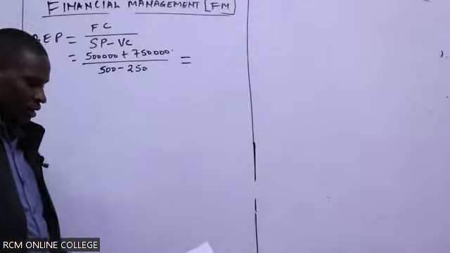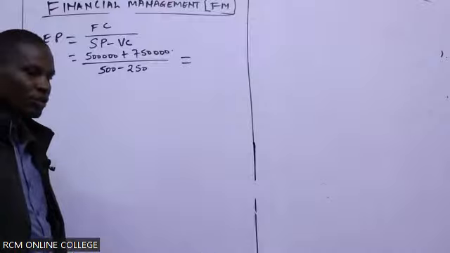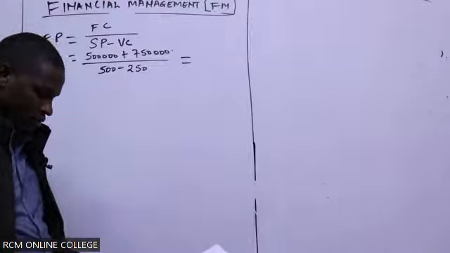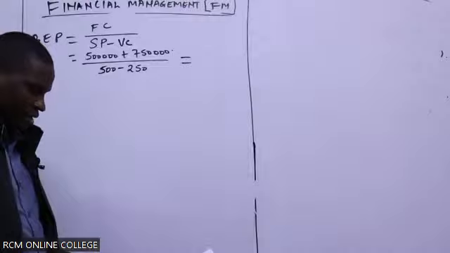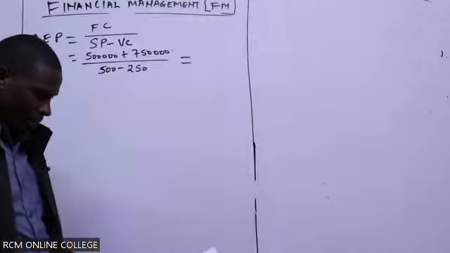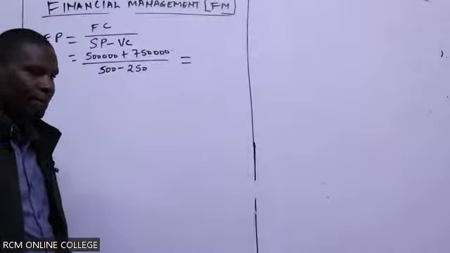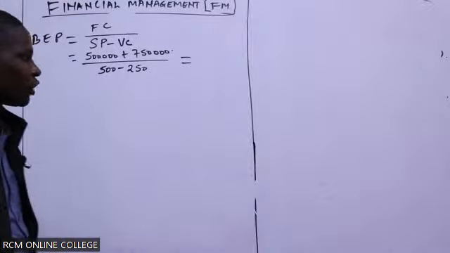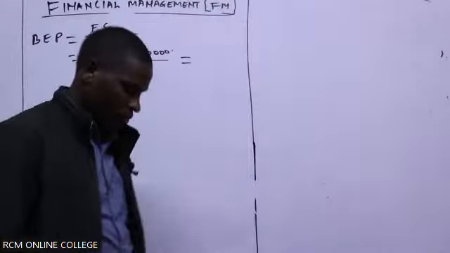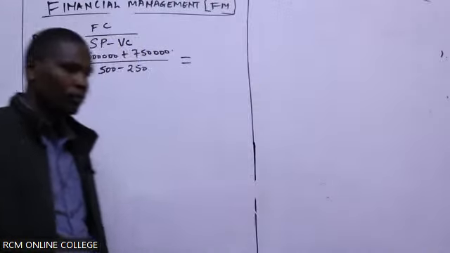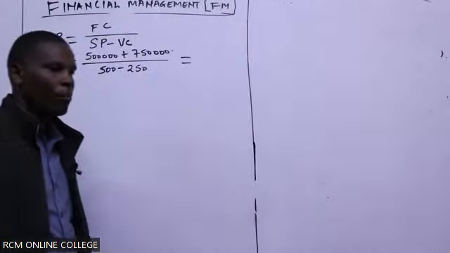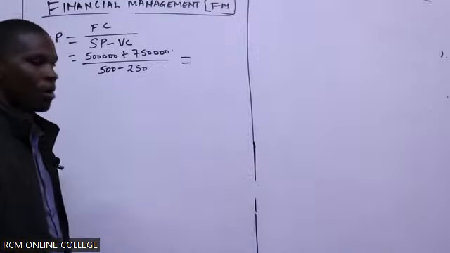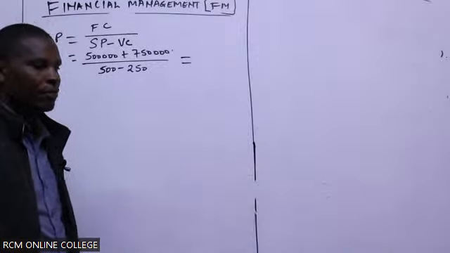Whatever that you get will be your break point. Break even quantity of sale in unit. Hiyo itakuwa ngapi? Patie hiyo. Tumalizane tuende kwa hiyo ingine ya quantity. How much shall we get as our break even point for that? Give me that.